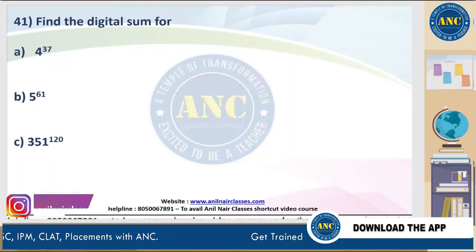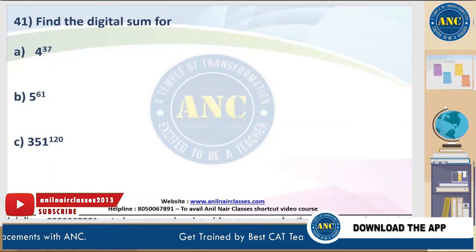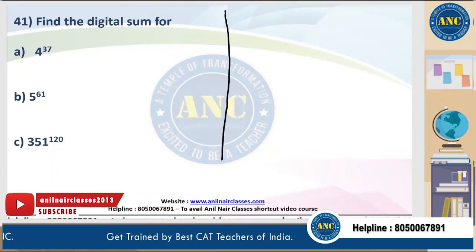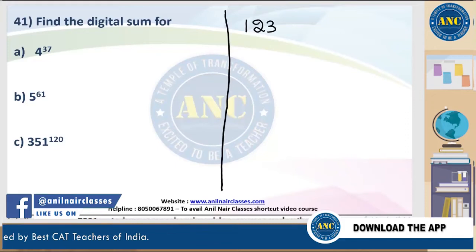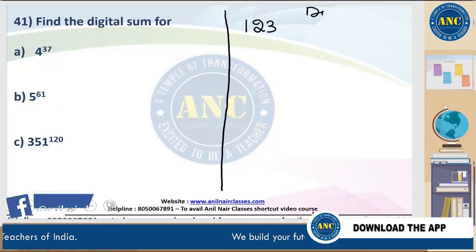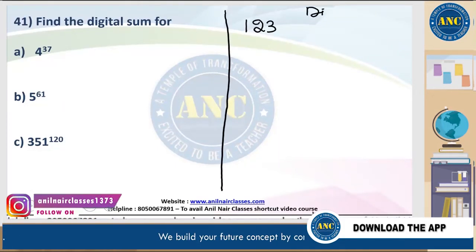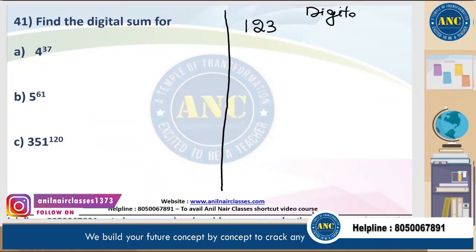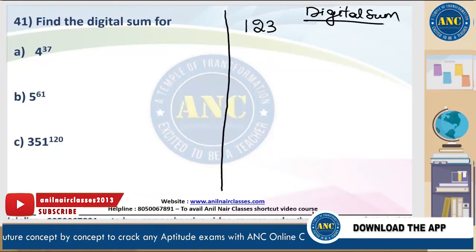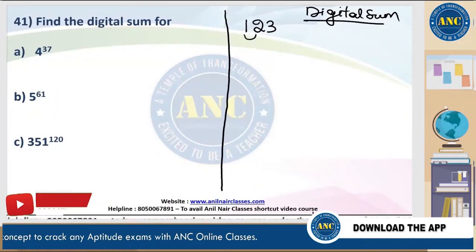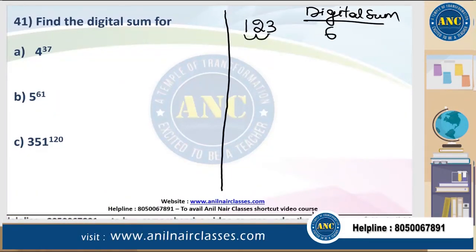Now, find the digital sum for the following. Before that, suppose 123 is there. What is the digital sum of this number? Digital sum of this number is nothing but sum of the digits till you get a single digit number. 1 plus 2, 3. 3 plus 3, 6.